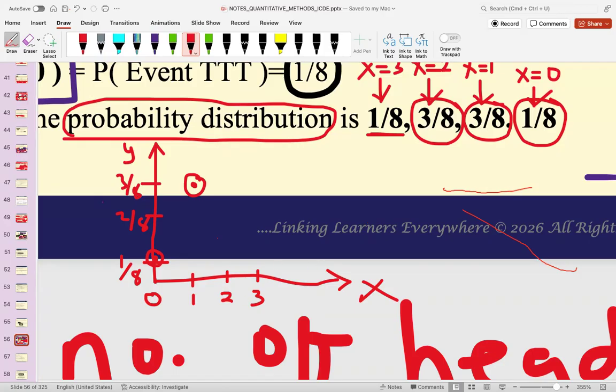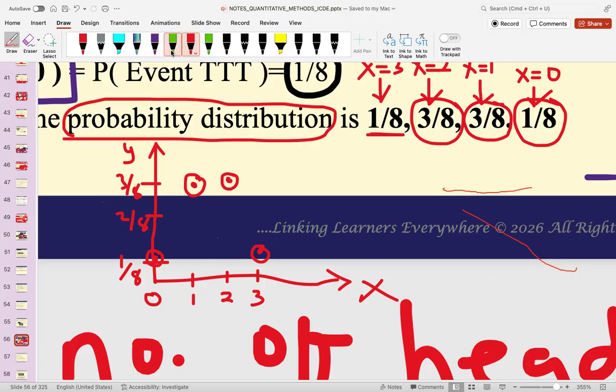If you want to see x equals 2, that is also 3 over 8. The point will be here. And if you want to see x equals 3, the chances will be the same as this, so you see the point here. That is 1 over 8.